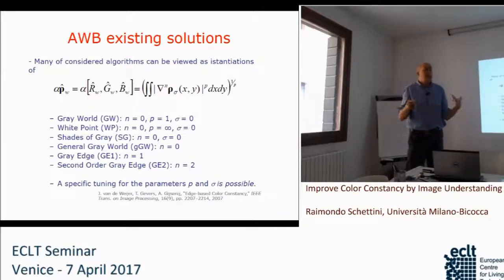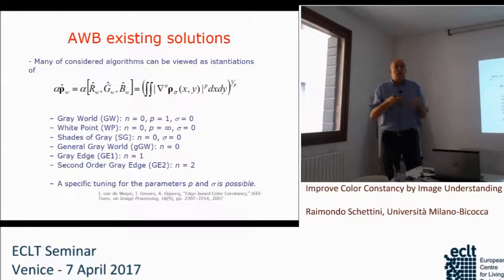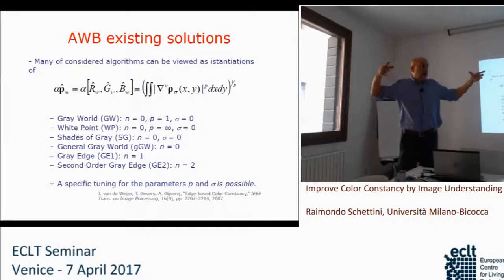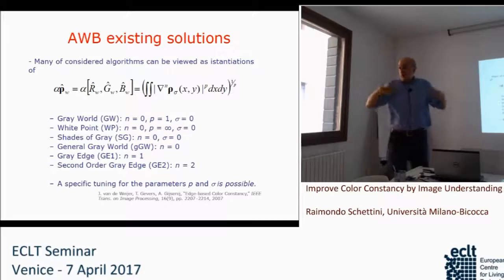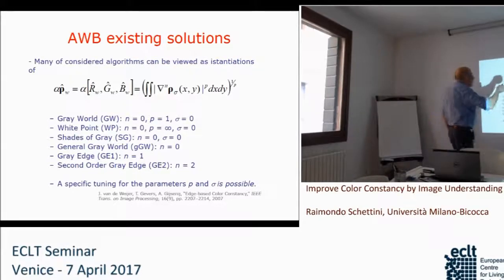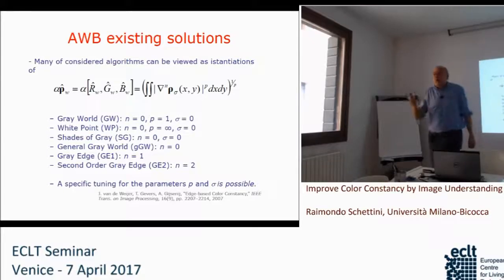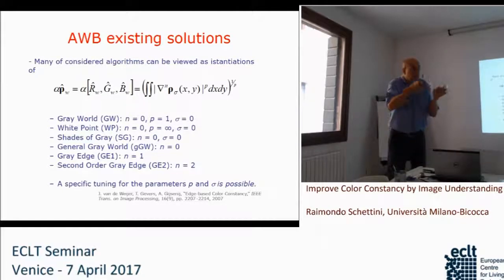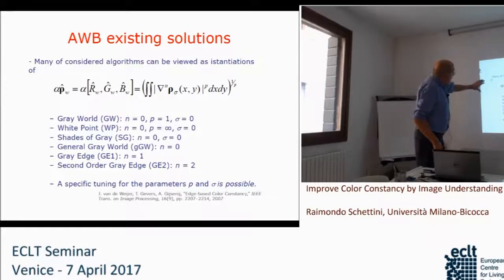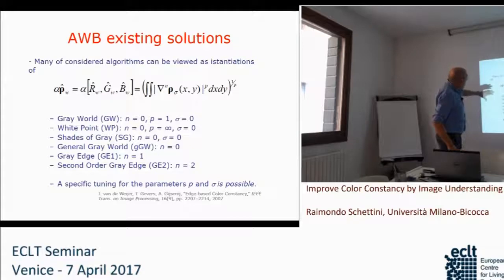Imagine that you can filter the images, and if you have a very large filter, actually you have the average of the whole image. If you just take a single pixel, you just search for a single one. If you apply or do not apply the derivatives, you take or do not take a pixel close to the edge. So tuning these parameters, you may have some variation of the algorithm that I told you before.